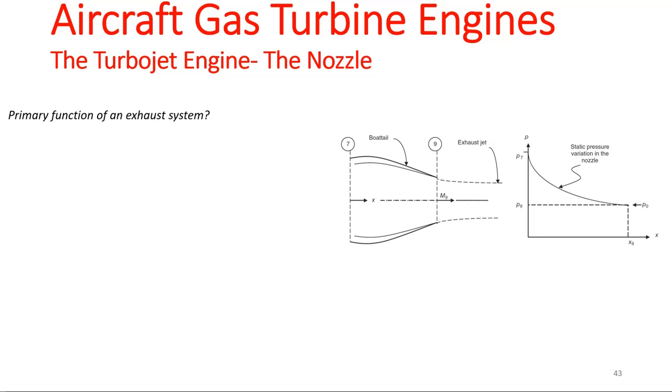Exactly. So the exit velocity is the main thing responsible for your thrust, right? If you can increase your exhaust velocity, which is V9, this Fg was the gross thrust, if you recall, right? If you increase your V9, you are going to get a higher thrust value.